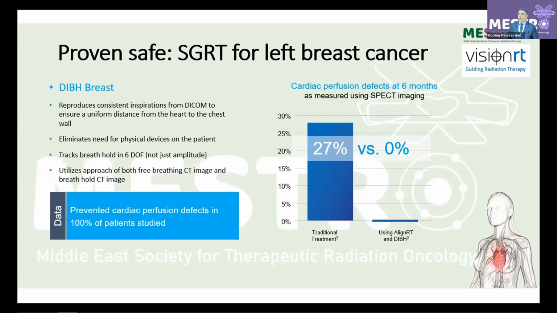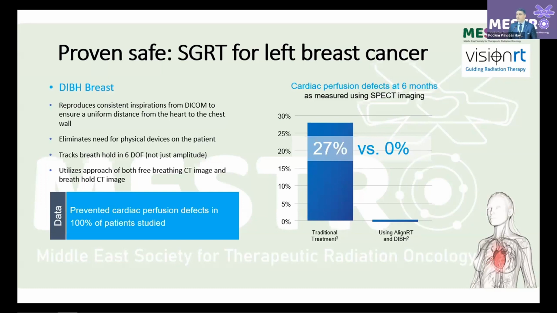Initially, this publication that you see here on the left, this graph on the right side of the slide, is coming from the publication by Zager et al. This was published in 2017 as part of the trial where they did SPECT-CT analysis on the patients prior and post left breast radiation to assess the heart damage.